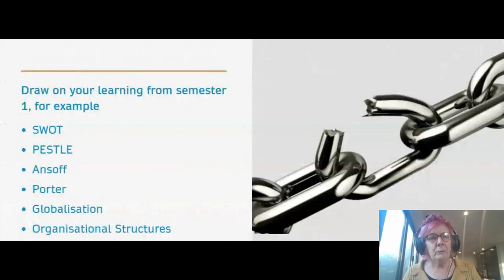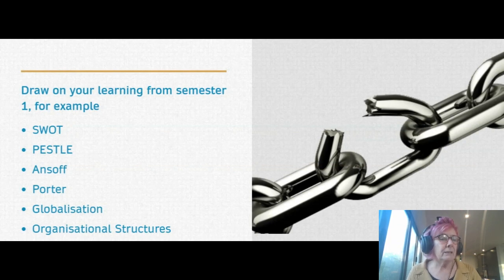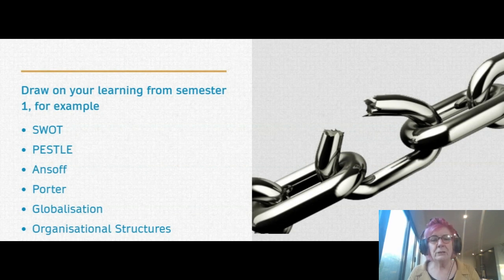So one thing I want you to remember right at this point is that all of the things you learn from one semester to another are connected. They're like a chain of things that are connected. Don't break that chain. Try and keep them together in your head. So, for example, in semester 1 in your business and management module, you started using SWOT analysis. Remember that? Strengths, weaknesses, opportunities, threats.